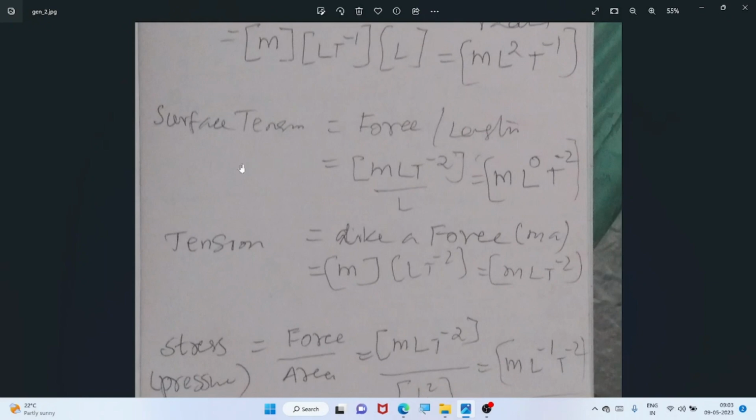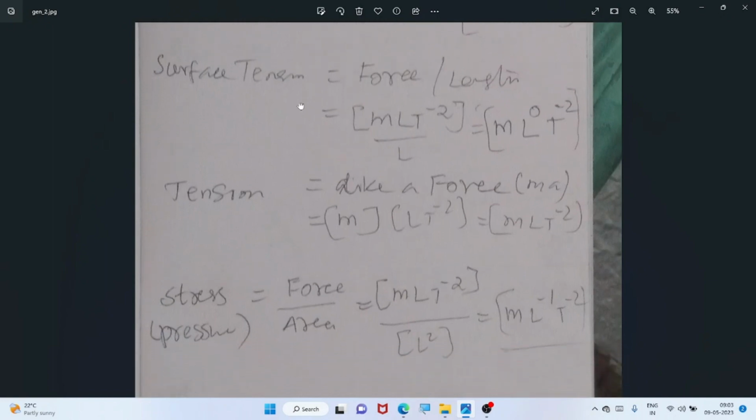Surface tension is defined as force per length. Force is MLT^-2, we already saw. This length is L, so when L comes up, it cancels out. So surface tension is ML^0T^-2, or MT^-2, you can say.